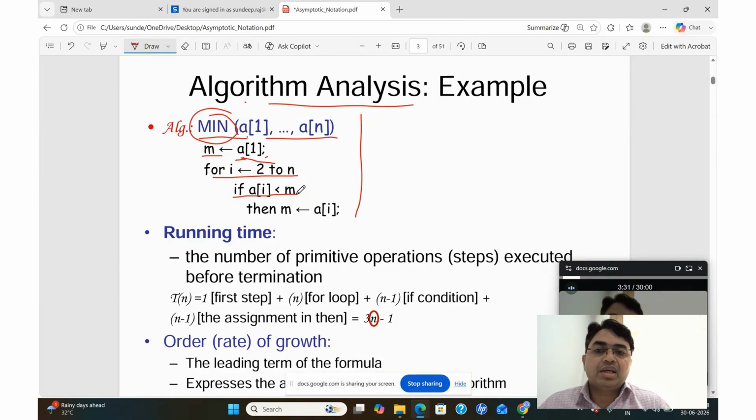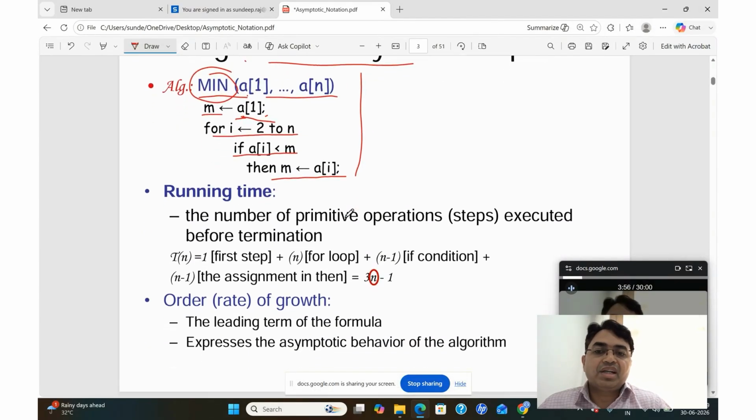We compare whether the ith element is less than the mth element which we have already stored with respect to the first element; if so, it will be assigned to m. Finally, this algorithm will give us the smallest value among all the given inputs.